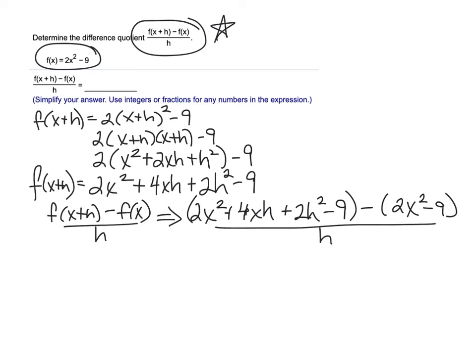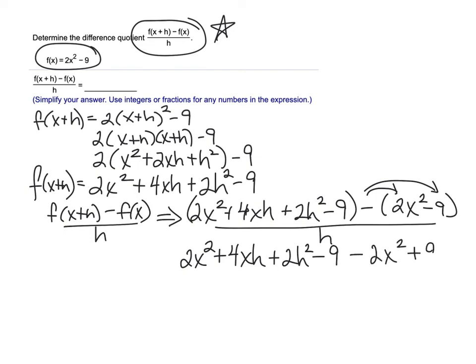Now we're just simplifying it, and when you simplify, things are going to get smaller. The negative here you have to distribute through, so we drop our parentheses. By doing that, the 2x squared minus 2x squared, negative 9 plus 9, should cancel out, and we have something smaller.